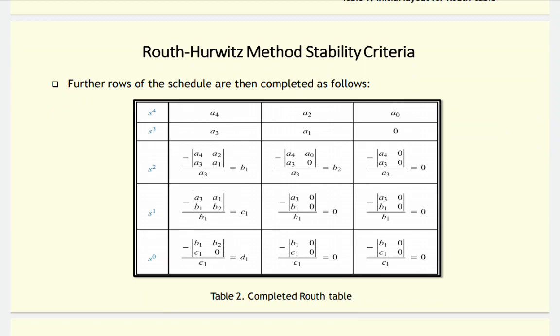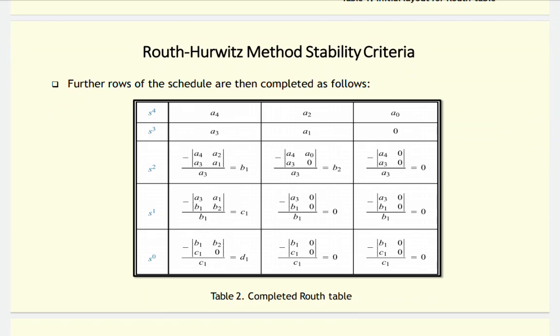And subsequently the s to the power 1 row is minus of determinant a3 a1, then b1 b2, divided by b1, that generates c1. Similarly, for the second element, it will be minus of determinant a3 0, b1 0, divided by b1, that is 0, and the rest element is also 0 for the s to the power 1 row.